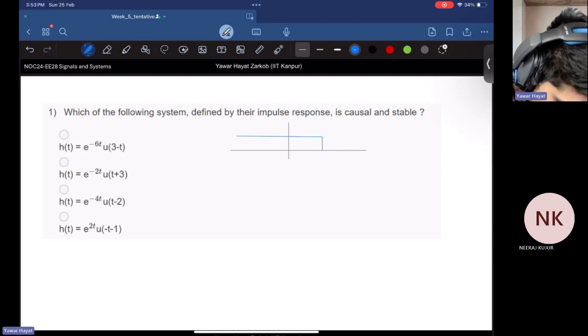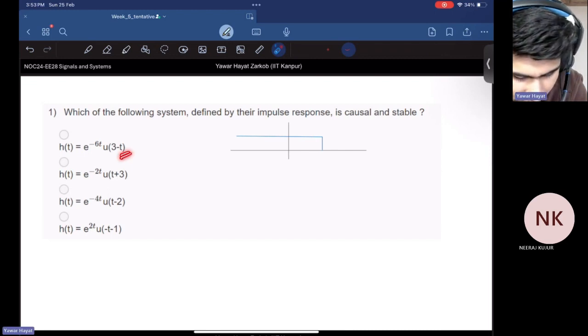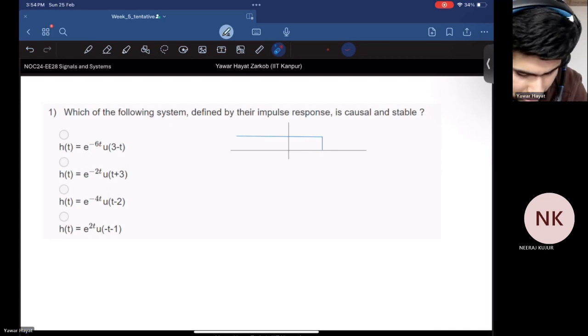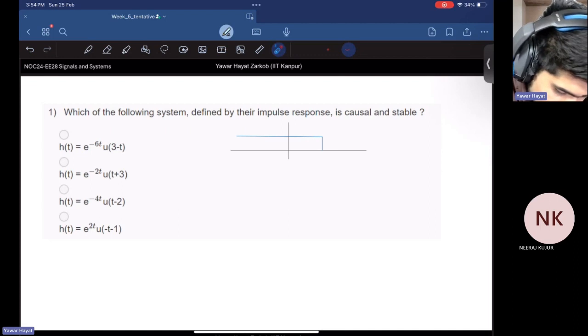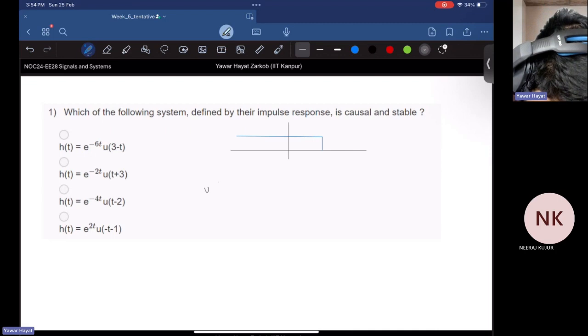Similarly, what about u of t plus 3? See, this is a reversal and then an advance. I can write this as u of minus times (t minus 3).